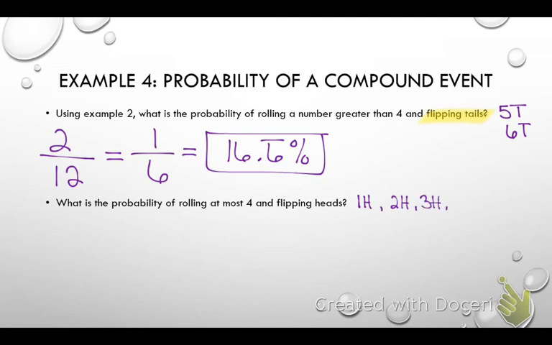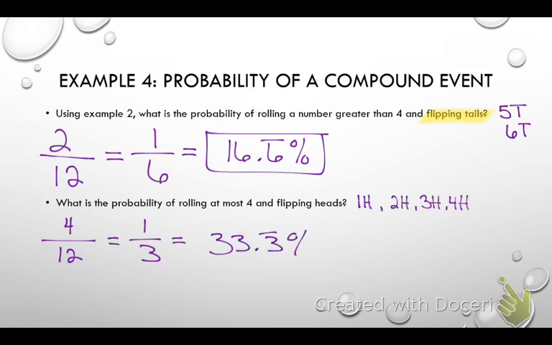What's another one? 4 heads. Is 5 heads one? No, because it doesn't meet the first criteria. So how many favorable outcomes are there? 4 out of how many? 12, which is 1/3, which is 33.3 repeating percent.